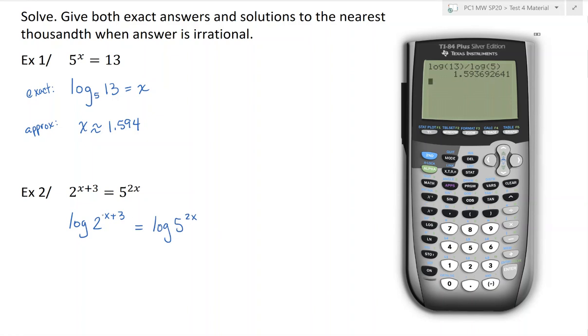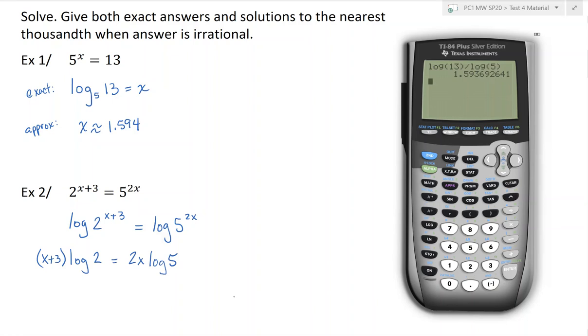What that allows us to do is use the power property where the exponent on the argument comes down in front and becomes the coefficient of the log. So I have x plus 3 all times the log of 2. And here I have the 2x times the log of 5.